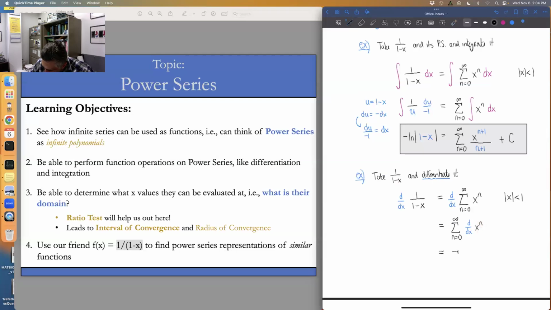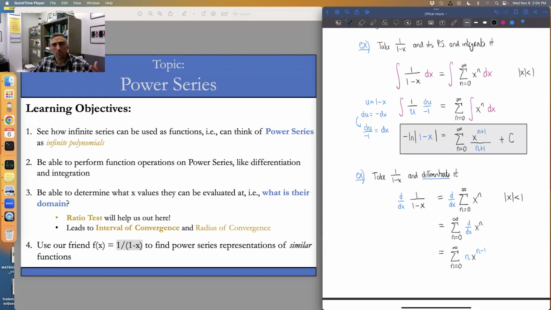If we look at what that term is, it is x to the n, a variable raised to a power. So we get to use the differentiation power rule. We'll bring the power down, and we'll subtract 1 from that power. So we have n times x to the n minus 1 in that particular power series now. So we know what the right-hand side is in terms of the power series. Again, differentiating power series, we are just going to get to use the power rule.